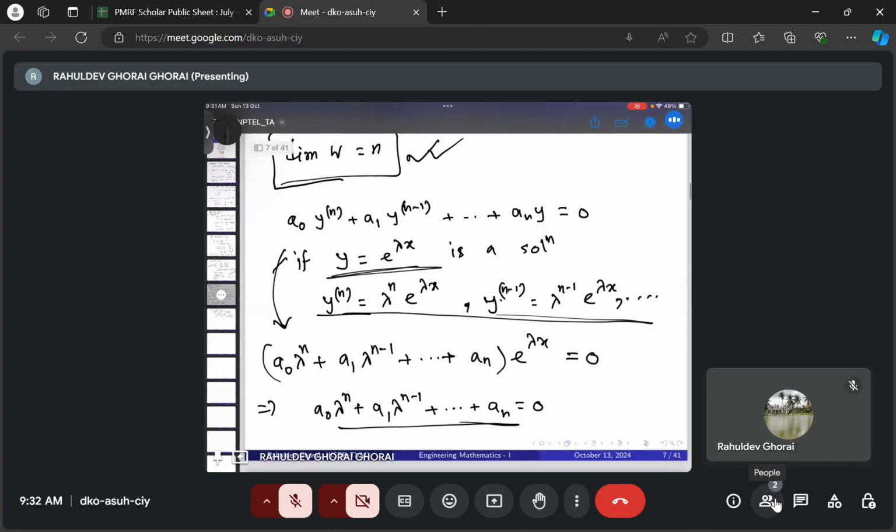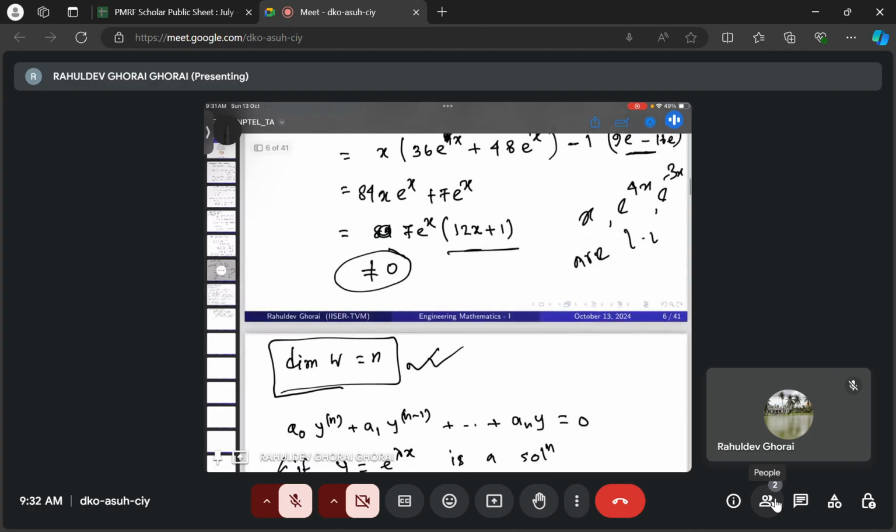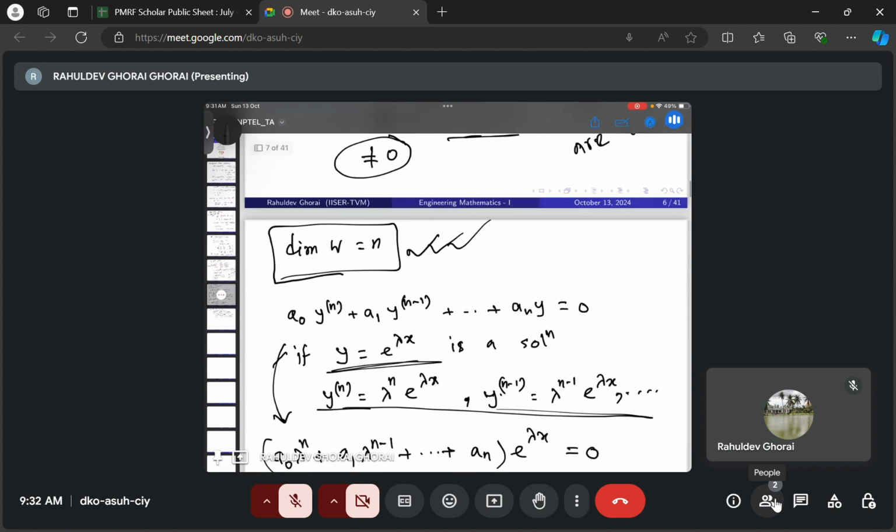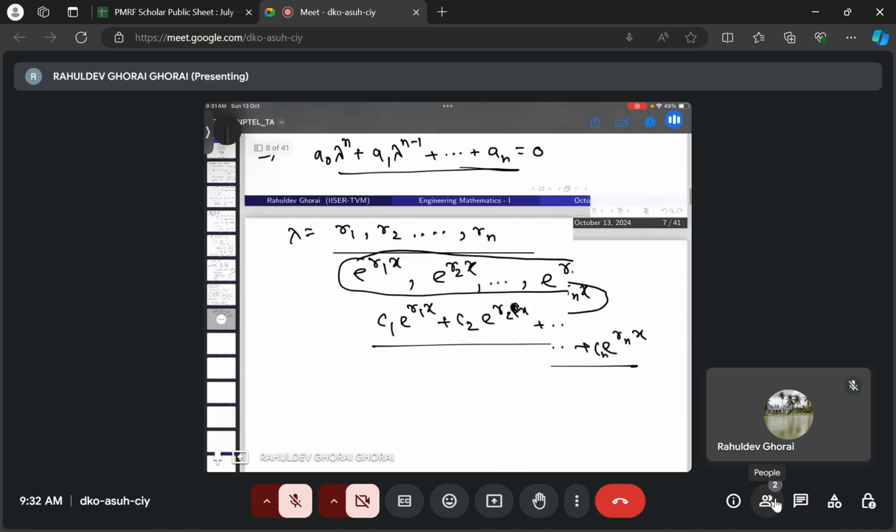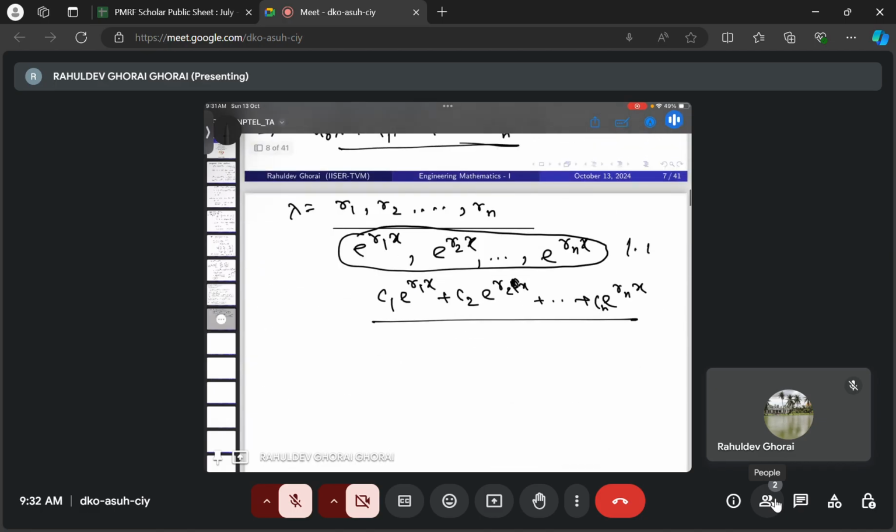We haven't justified that, but you can check any textbook. So the dimension will be n, and you have n linearly independent solutions.